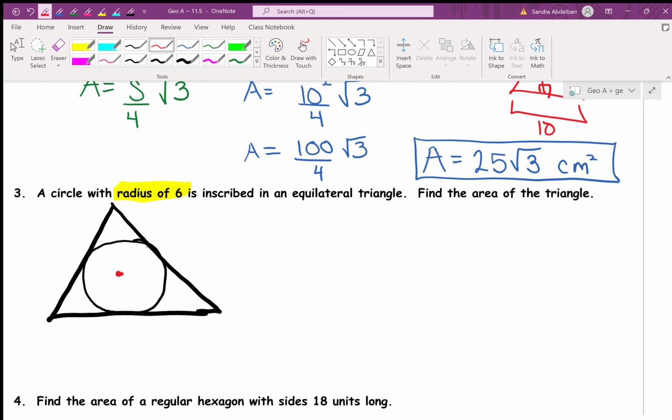No. Maggie? Excellent. I'm going to draw that radius straight down right where it touches the triangle. Because remember, way back when we were talking about circles, if a radius touches a tangent, what does it make? When a radius touches a tangent line, it makes right angles.